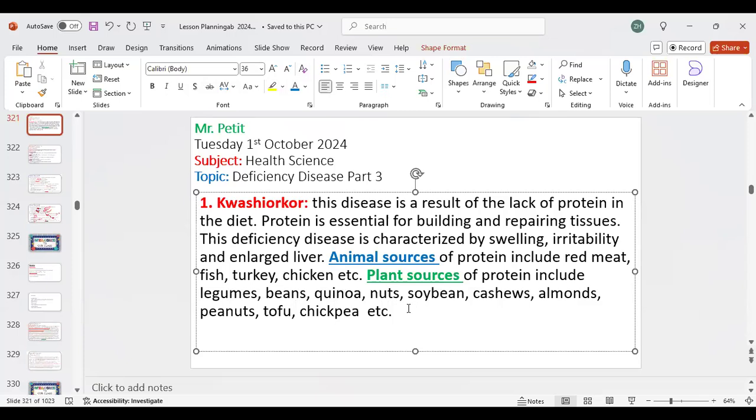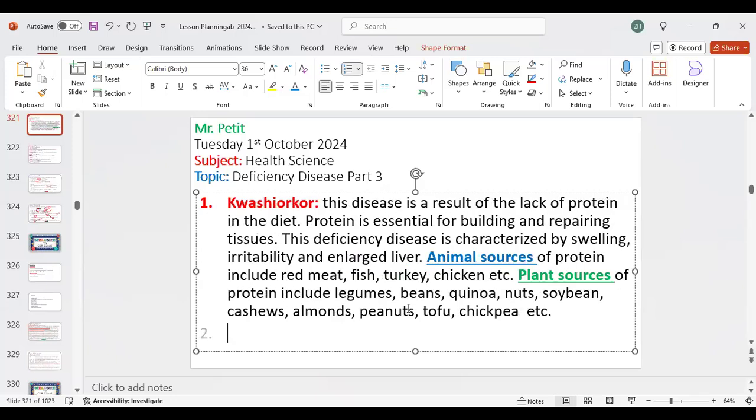Vegans also take part in fruits, greens, vegetables and nuts. That's what you would eat on a vegan diet. And animal sources are the traditional ones: red meat, fish, turkey, chicken, and so on.